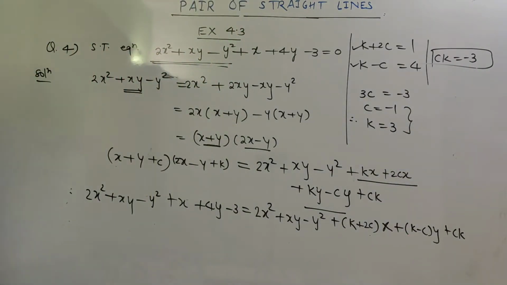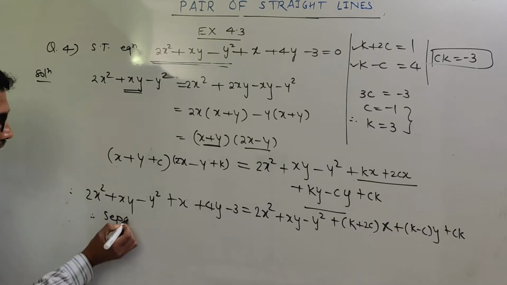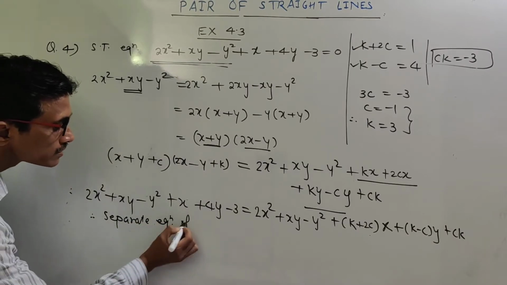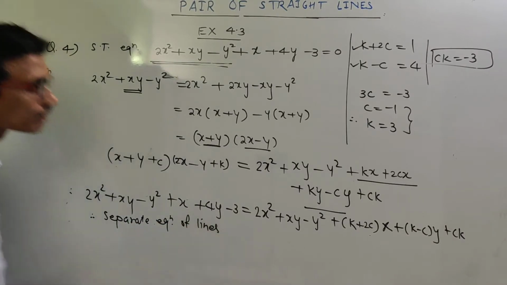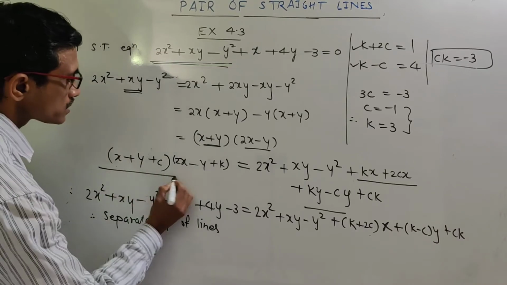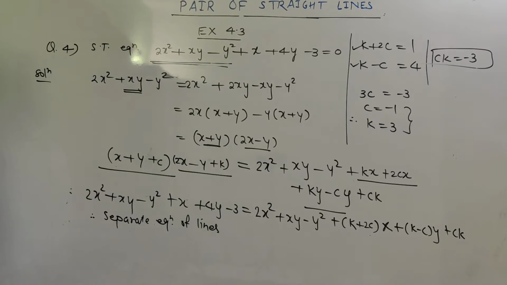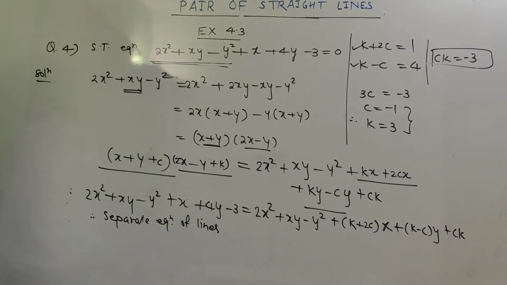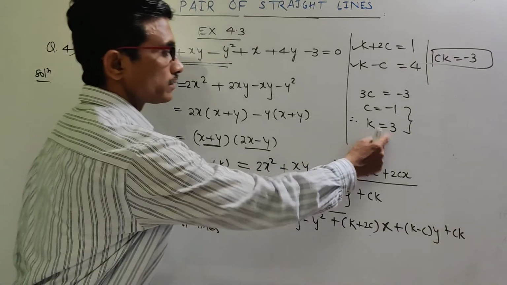So our separate equation of lines: in this equation we substitute c is equal to minus 1 and k is equal to 3.